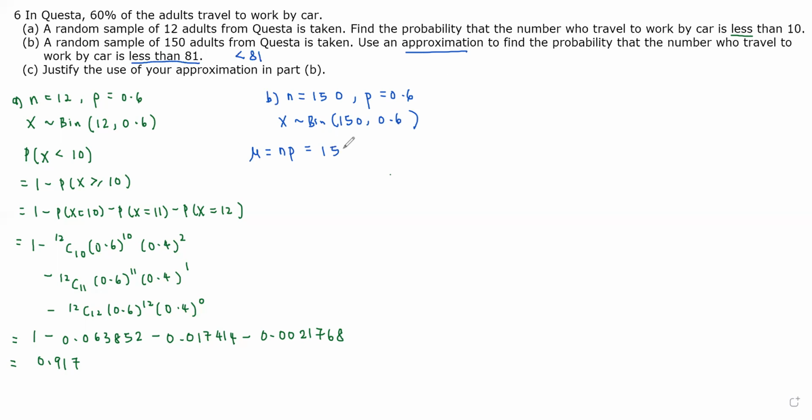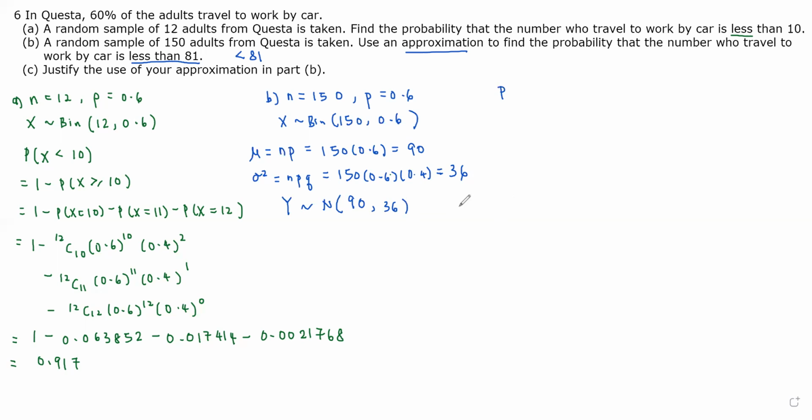So we have 150 times 0.6, and that is 90. The variance is npq. We have 150 times 0.6 times 0.4, and that is 36. So Y here follows a normal distribution with a mean of 90 and a variance of 36.